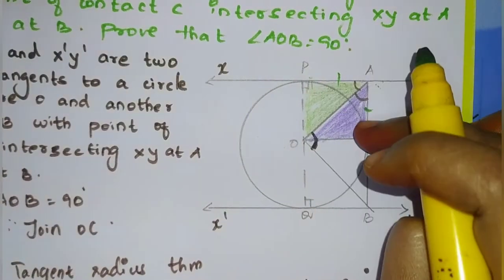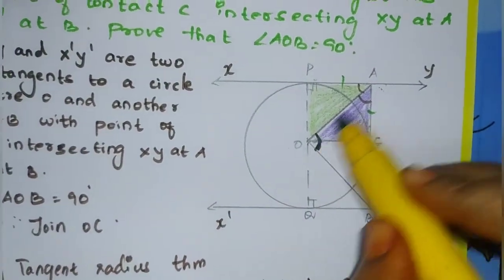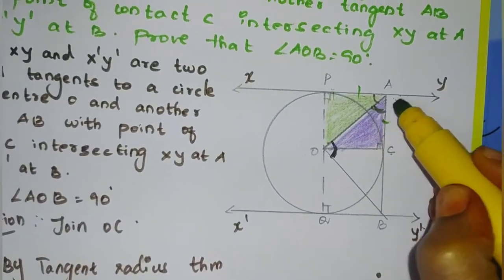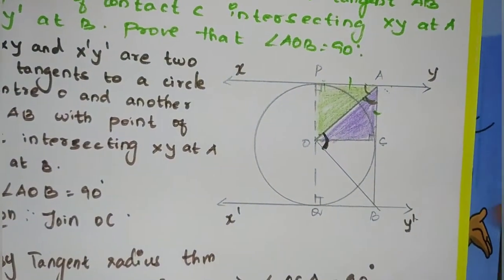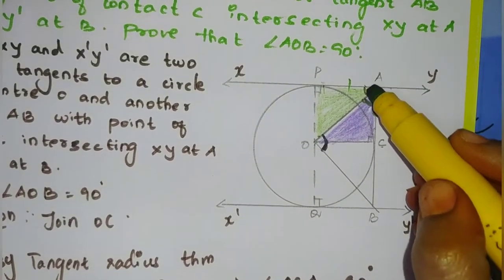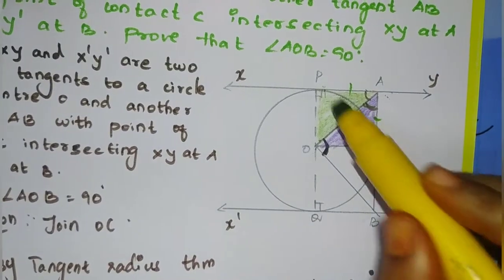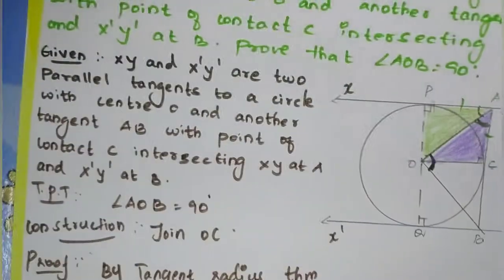Now I proved that the two triangles are congruent. Since the two triangles are congruent, I can tell that angle OAP is equal to angle OAC. These two angles are equal, and it is half of angle PAB.